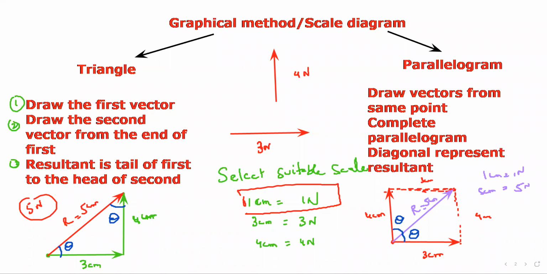Now the example related to this. For example, the air current is due east with the speed of 20 meter per second, and an object is moving due south with the speed of 15 meter per second.